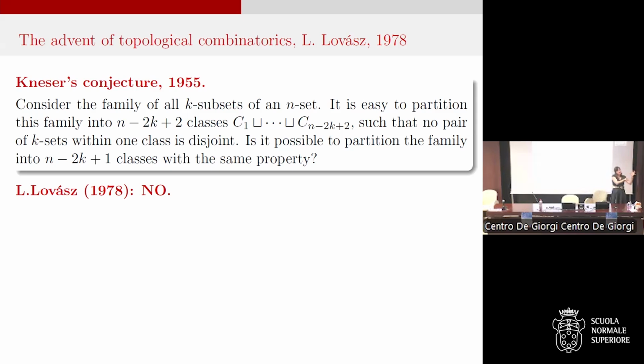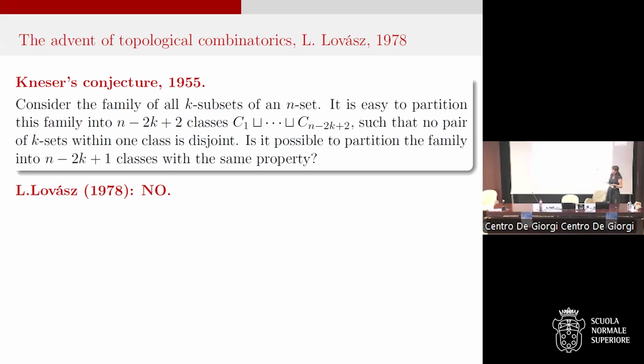Like I have some k-subsets, and I know I can do it in such a way that in every class there are no disjoint k-subsets. All of them, each two of them, have some intersection. And it's very simple, like a high school problem. And he asked, can we do it with just one less class? And it turned out to be an extremely complicated problem.